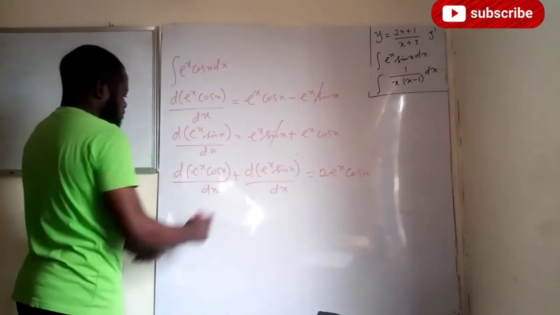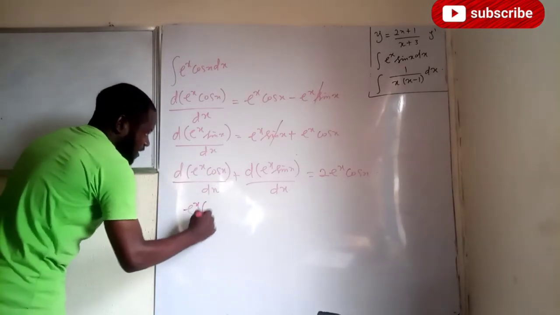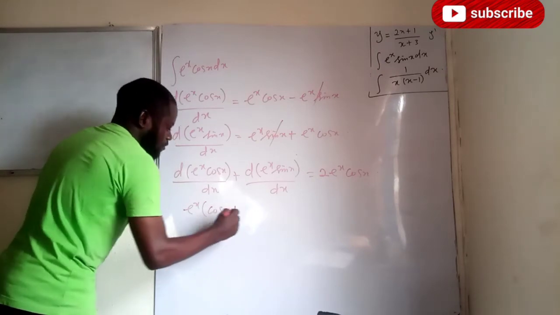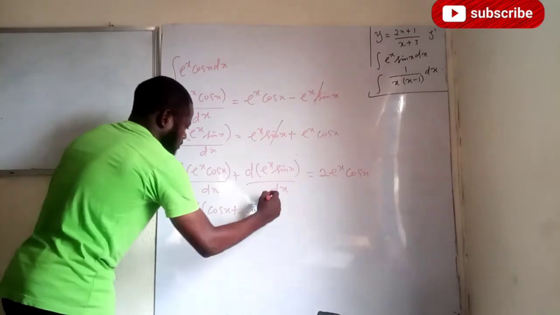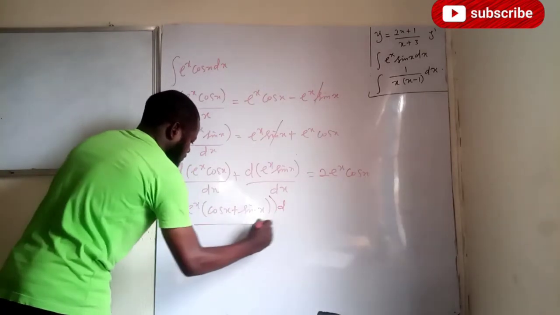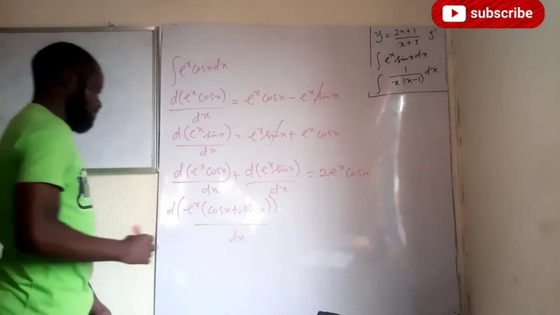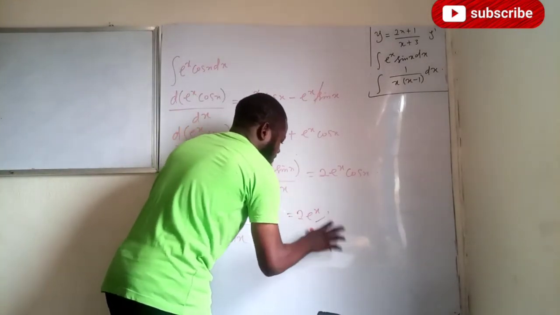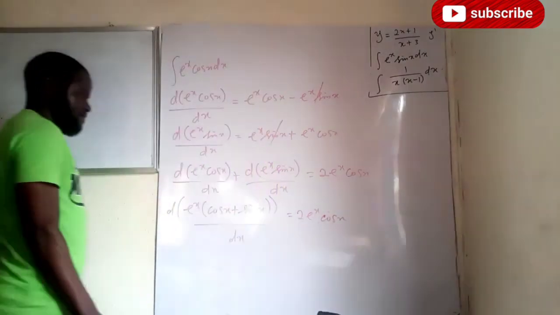Okay, thus this one can be written just like we did before, e to power of x into cos of x plus sine of x. So d dx, so let me just put the d here, equal 2e to power of x cos of x.